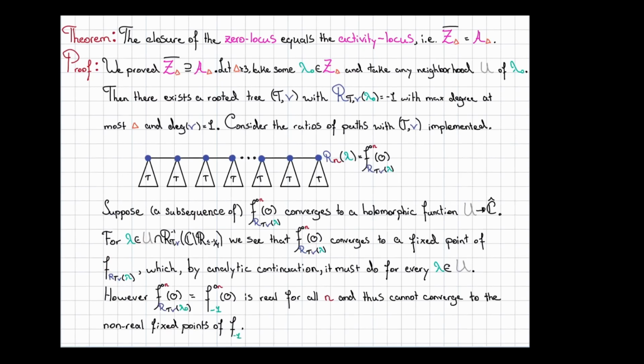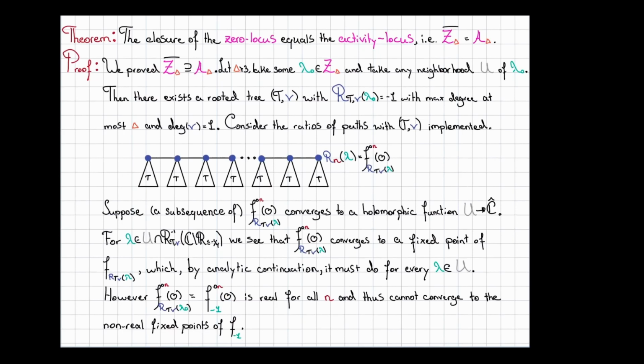But if I look at my 0, I've taken this ratio to be -1 there. This orbit of 0 is real for every n, but the fixed points of f-1 are not real.